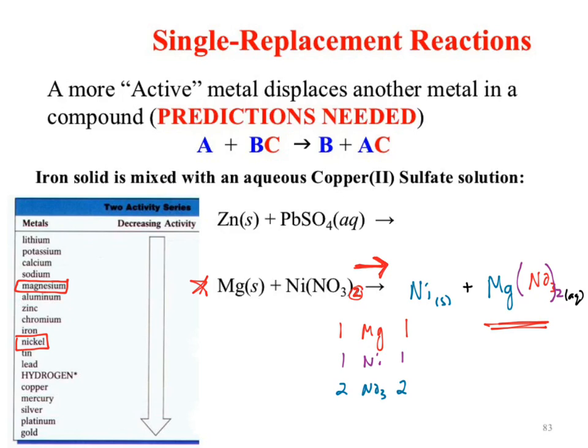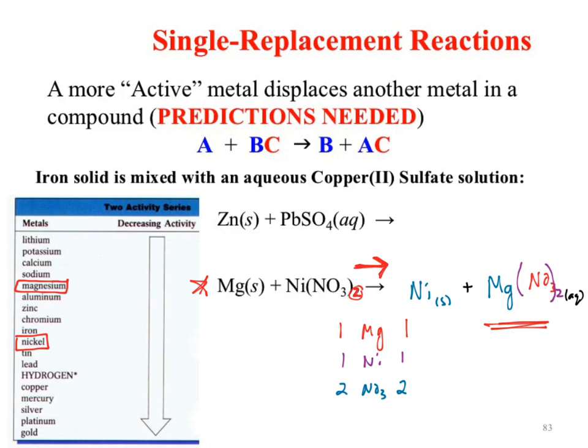Okay. So let's flip that, because we looked at the more active one. Could we have interpreted based off of the least active? Sure. Nickel is less active than magnesium. Because it is less active, it wants to be by itself. So nickel comes into this same question and says, okay, where would I be by myself? On the right-hand side or the left-hand side?